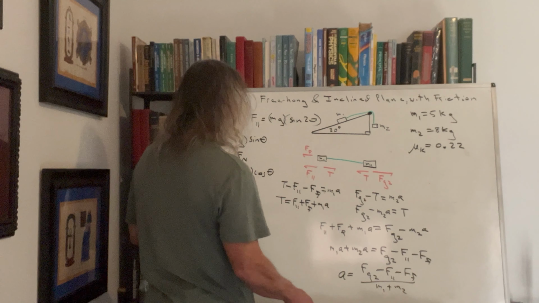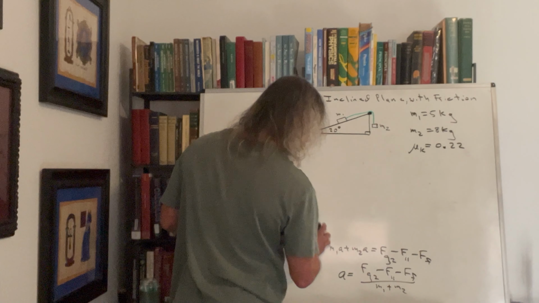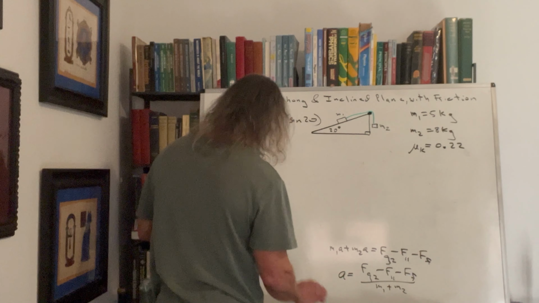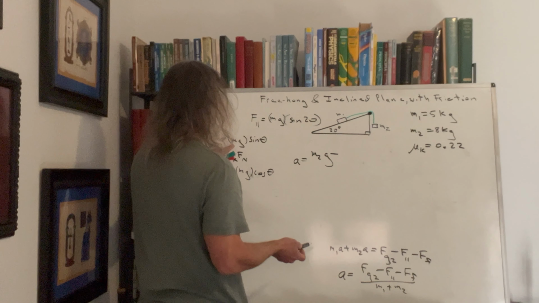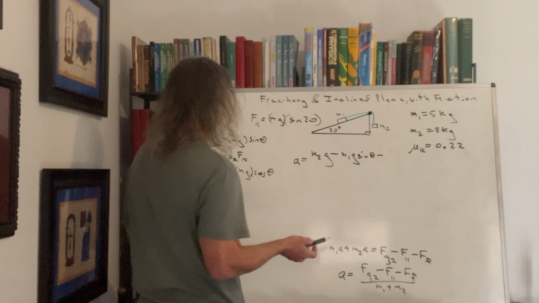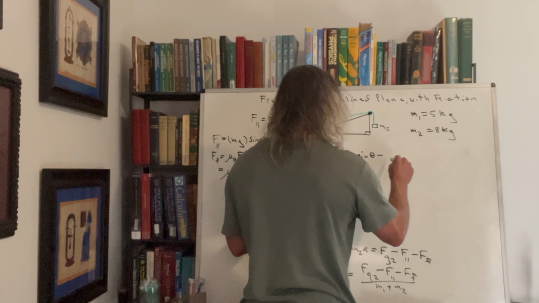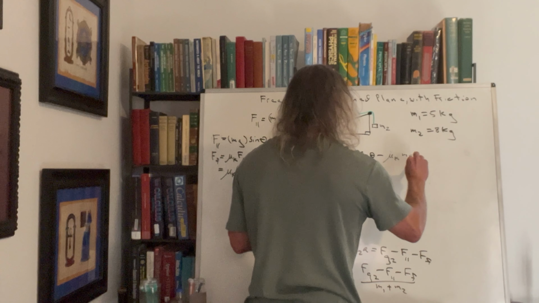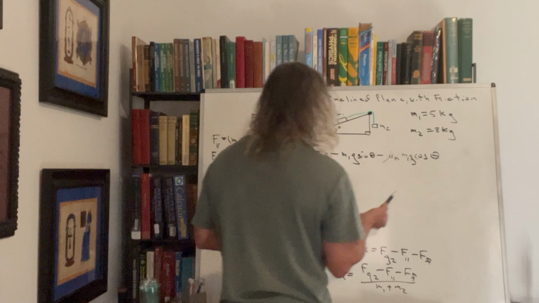Tension, parallel force, there. Then acceleration will equal FG2, M sub 2 G, minus parallel, M1 G sine theta, minus mu k M1 g cosine theta, and again still, force of friction on M1.